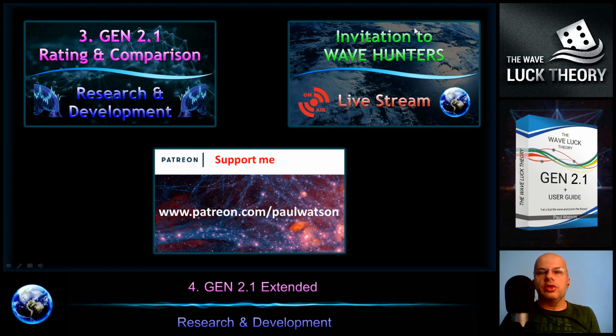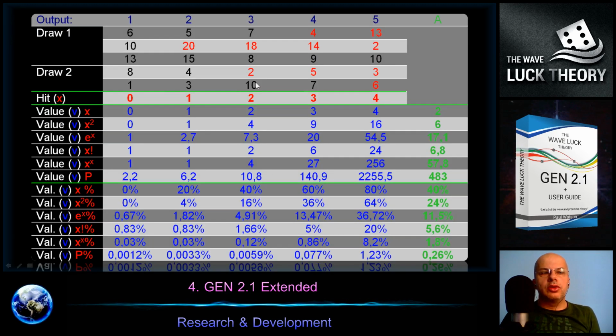And now I will talk about the extension. So everyone knows from the Gene the output box where we have the number of previous draws. In this picture there are 5 previous draws.